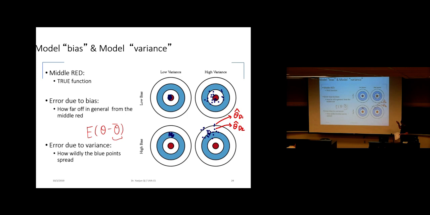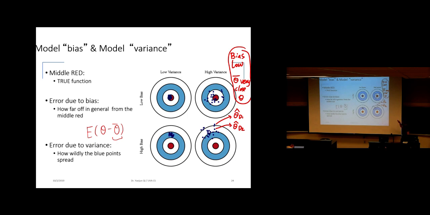So this is the reason why this represents a low bias model. Theta bar is the mean of all those blue points, and it's very close to theta truth. This is what I meant by low bias. Question about this?